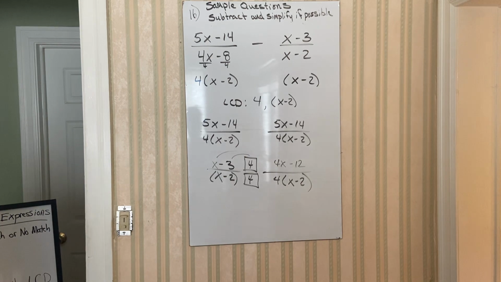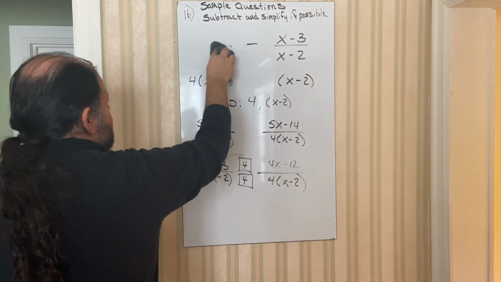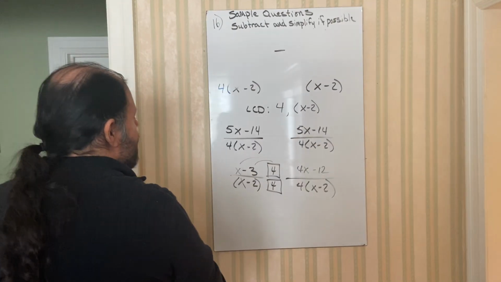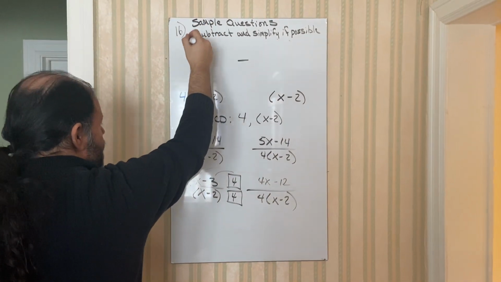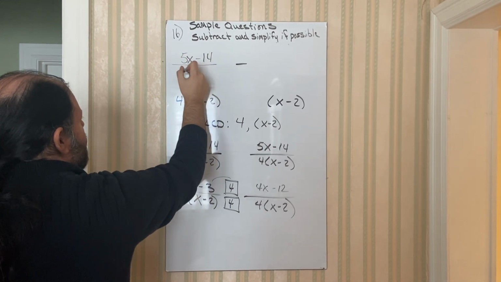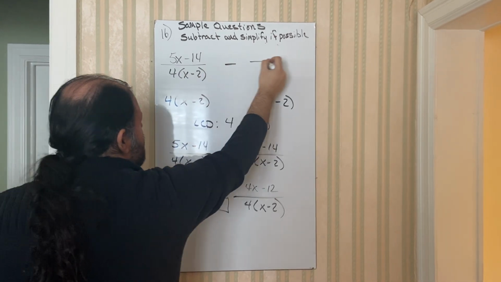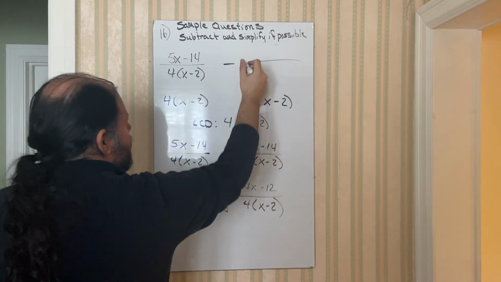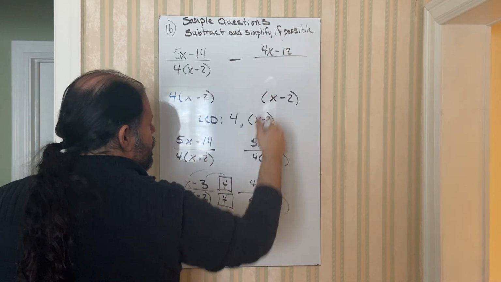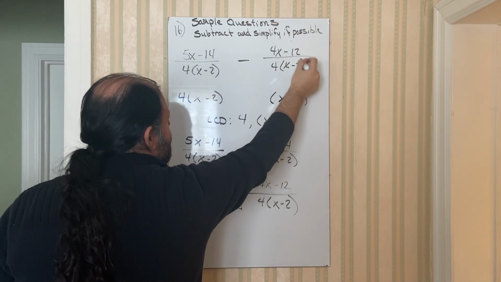Because I have a tight board, I always want to erase these originals because we're not going to deal with them no more. We're going to deal with these raised guys, the way it looks. 5x minus 14 over that LCD, 4 times x minus 2. And then this guy, 4x minus 12 over 4 parentheses x minus 2.